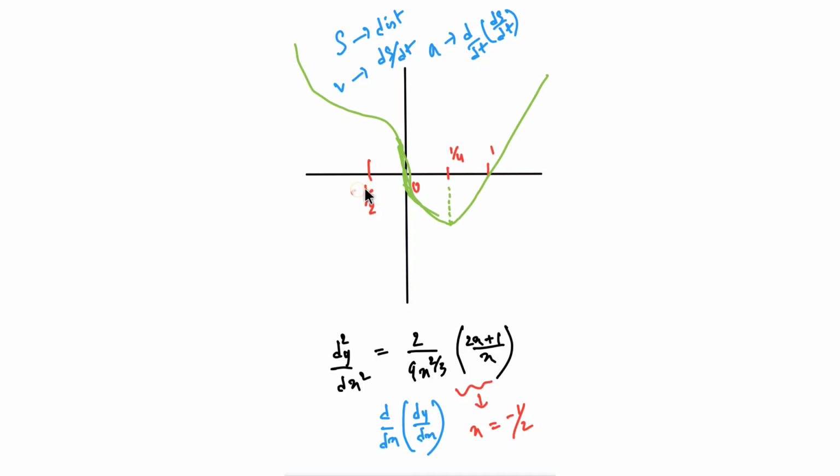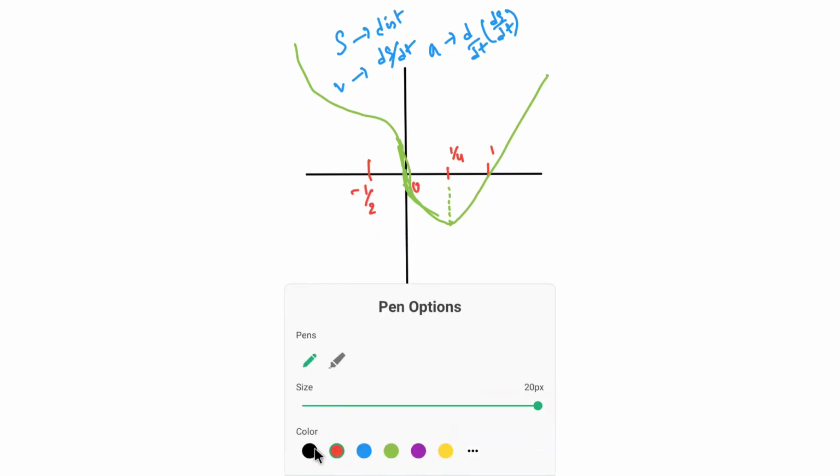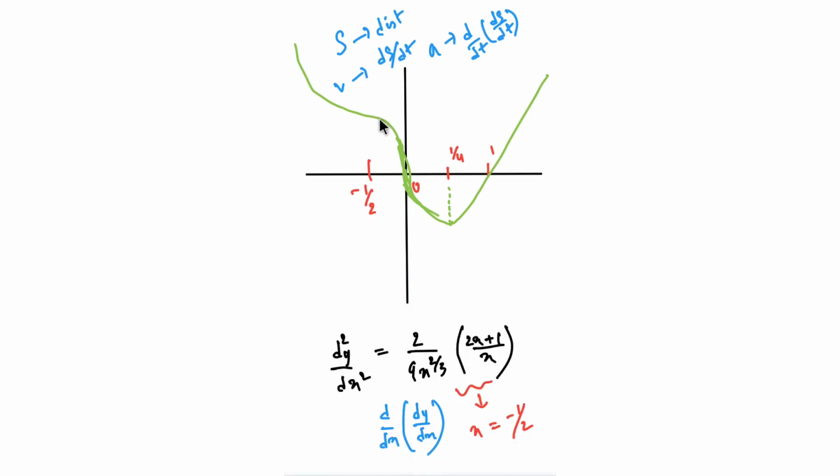At x is equal to minus 1 by 2, we are able to find some sort of inflection point here, isn't it? So I would mention it in this way. This is the point where we are getting an inflection. Basically it's not changing, d square y by dx square is 0.